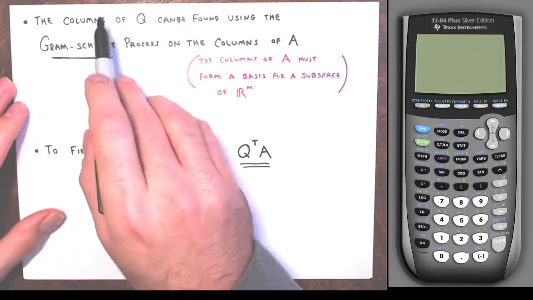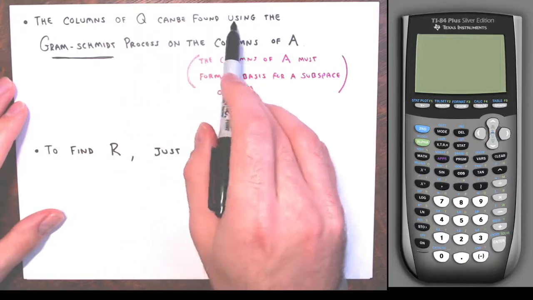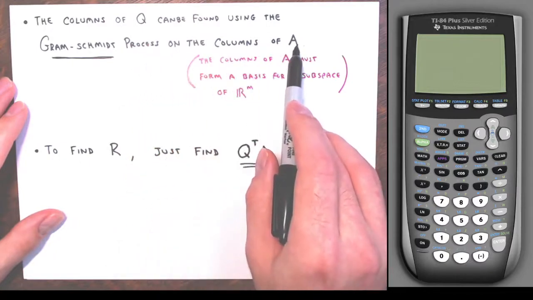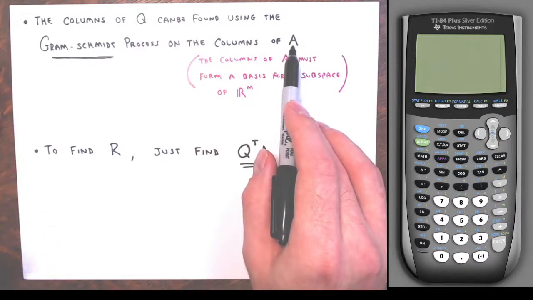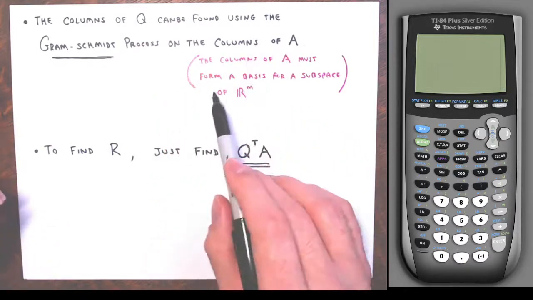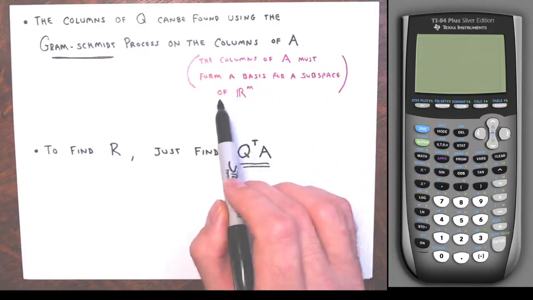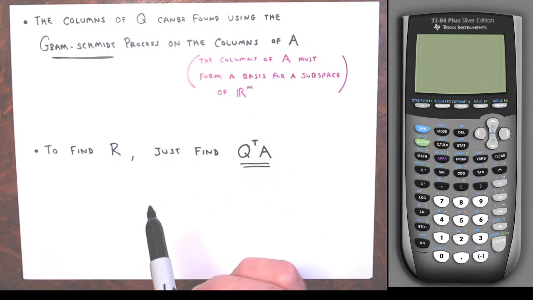So the columns of that m by n matrix Q can be found using the Gram-Schmidt process on the columns of A. And I said earlier, all the columns of A have to be independent to do this. So the columns of A must form a basis for some n-dimensional subspace of Rm.